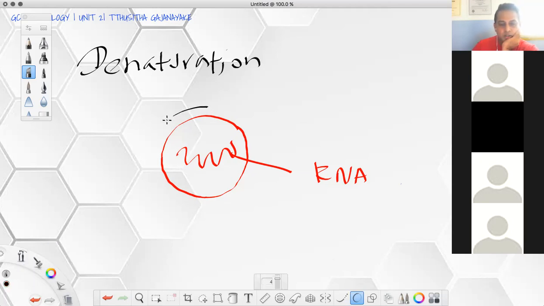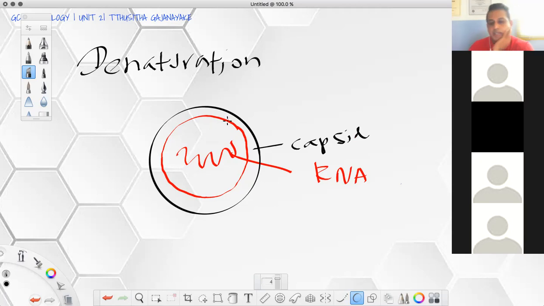This protein layer is called the capsid. And on top of the protein layer, there is also a lipid envelope, and we can also see attachment proteins like this.